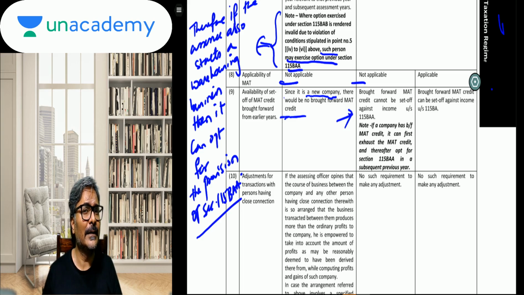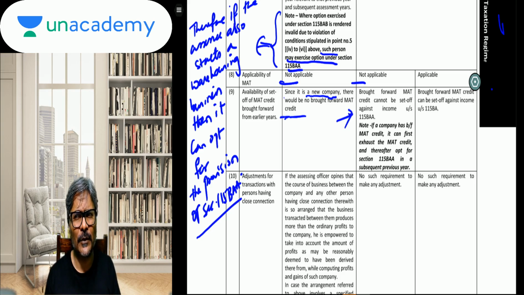In fact, what is being suggested to all the SSC is that you should exhaust your MAT credit first in the normal scheme, and then you should enter 115BAA. You should first exhaust all the MAT credit, or all the unabsorbed depreciation and the brought forward business losses, which has a big impact because of the big sections which will no longer be allowed in the new regime.